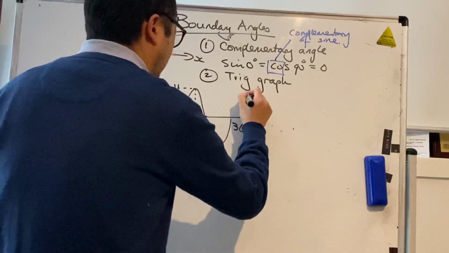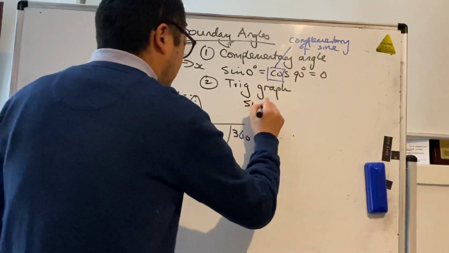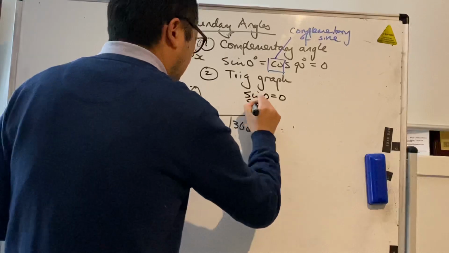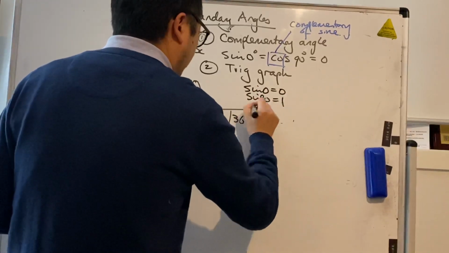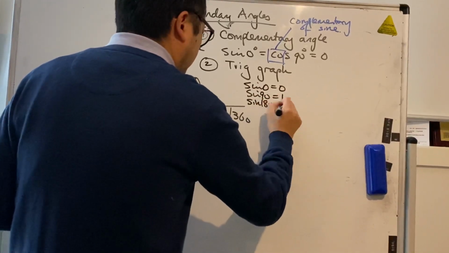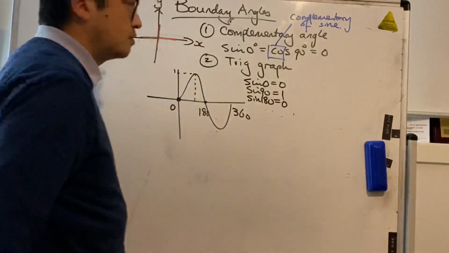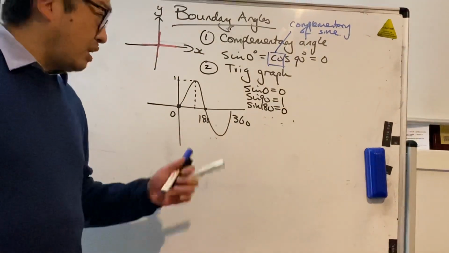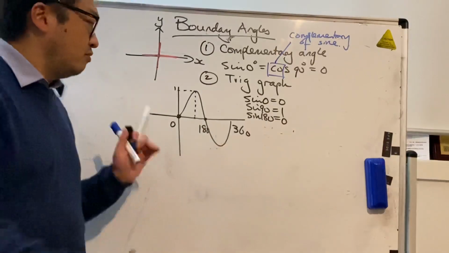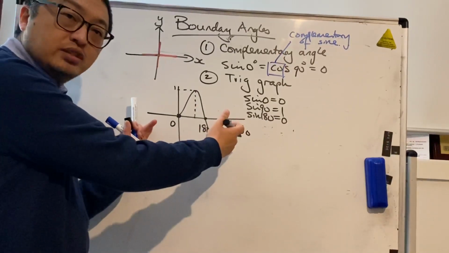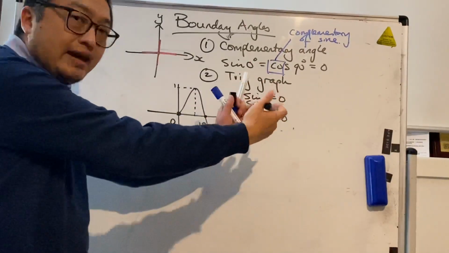So let's write down what I've just said. Sine 0 is 0. Sine 90 is 1. Sine 180 is 0. So I'm not memorizing those things. I visualize the picture, the diagram, and interpret the diagram.